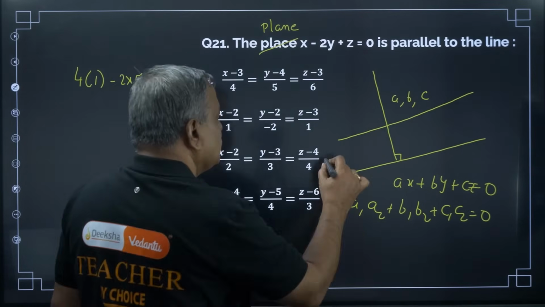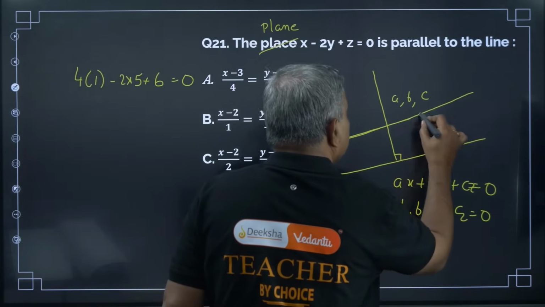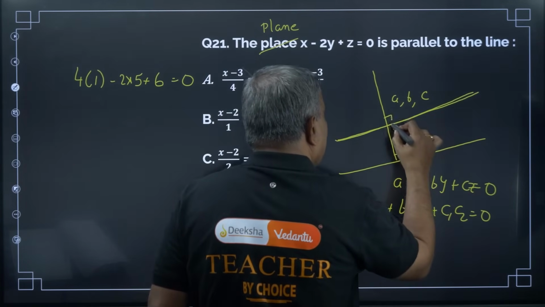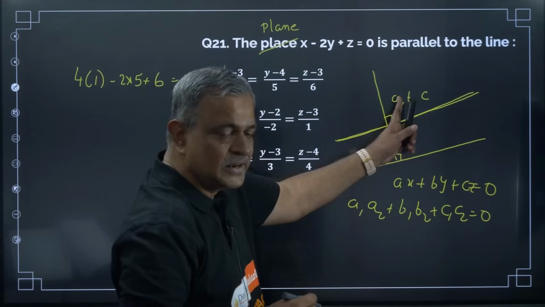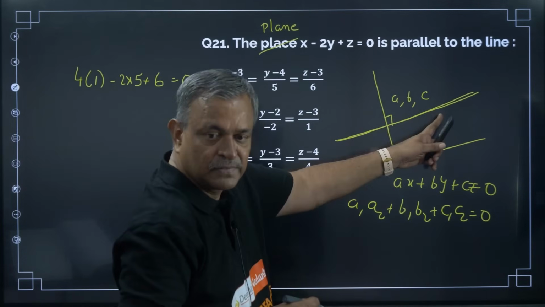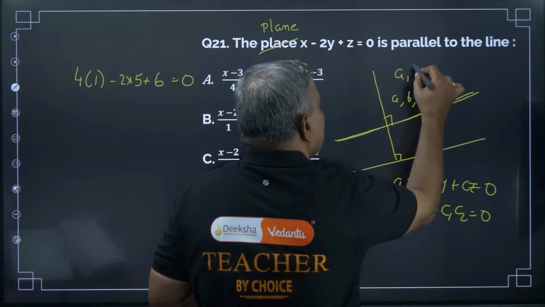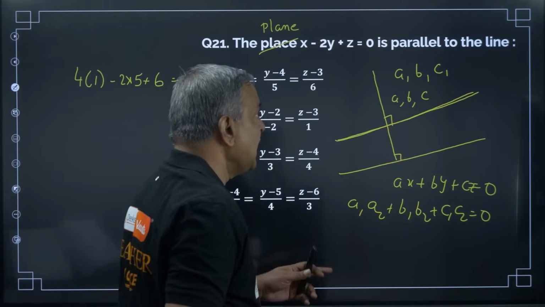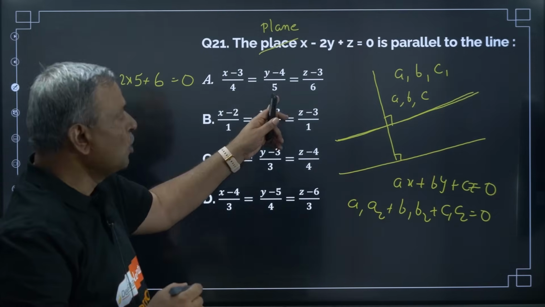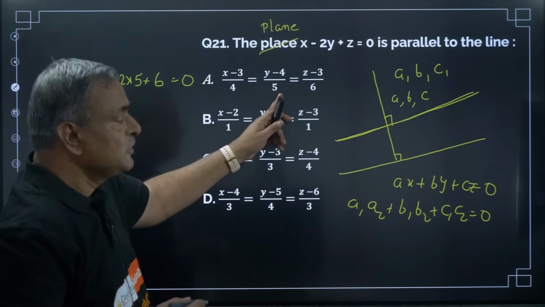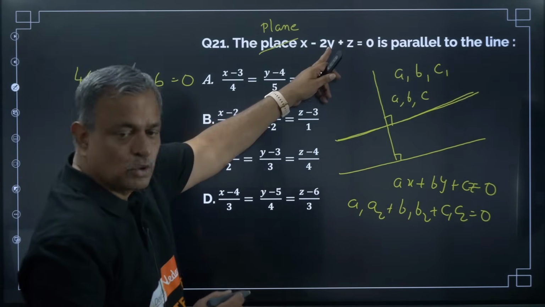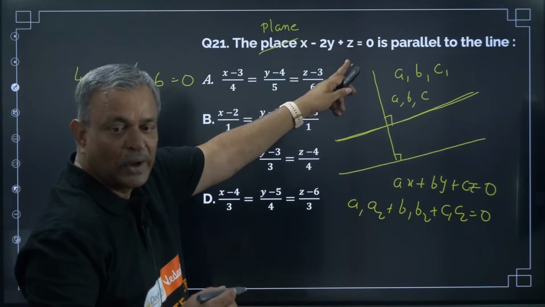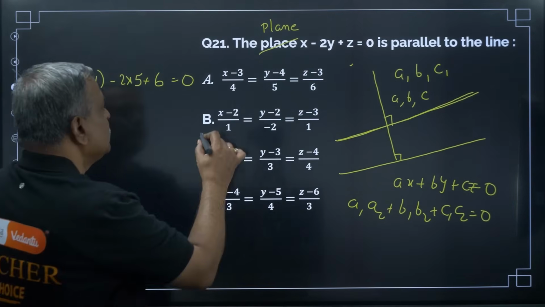We are talking about a line which is parallel to the plane, so the line must be perpendicular to the plane's normal. The DRs of the plane are a1, b1, c1, and the DRs of the line are 4, 5 and 6. So 4 into 1, 5 into minus 2 and 6 into 1 will give you 0. So this option is correct.